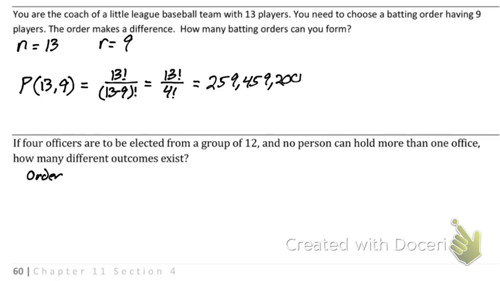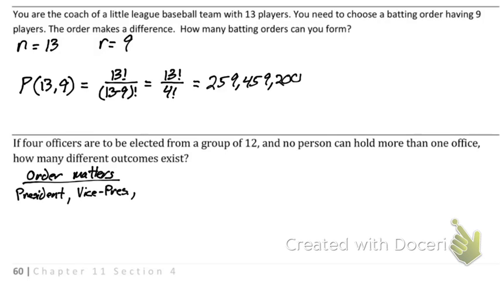So I'm going to put order matters. And why it matters is because, consider this, we have 4 officers to be elected. So maybe you need to have a president. Maybe you need a vice president. Maybe you need a treasurer. Maybe you need a secretary.